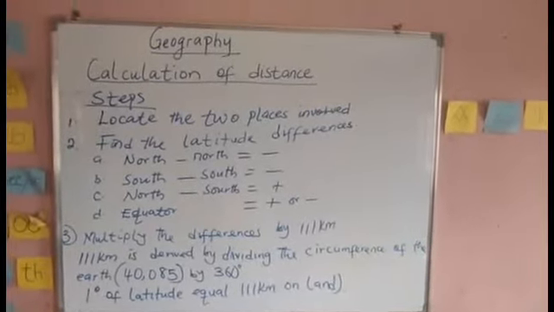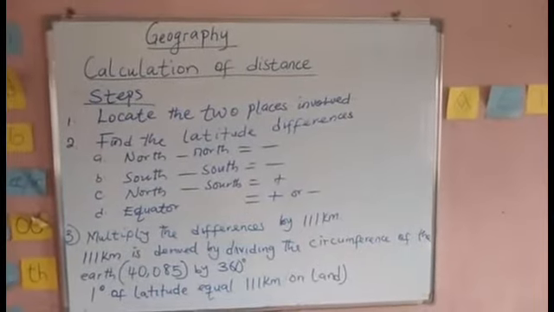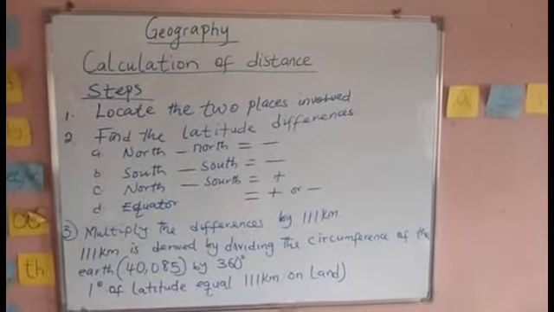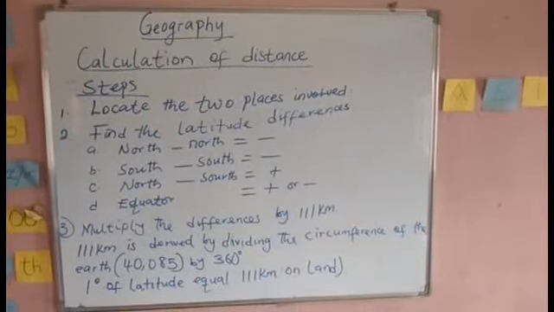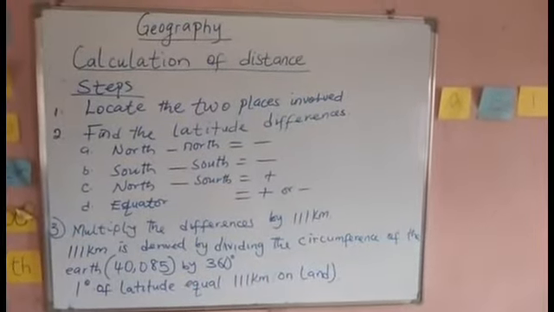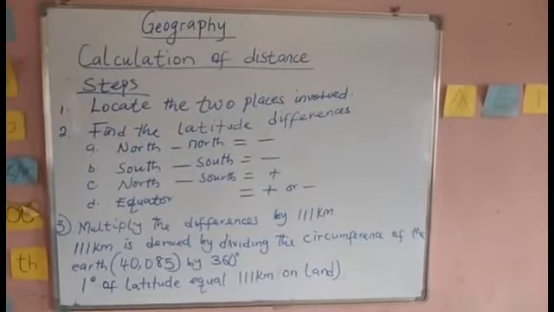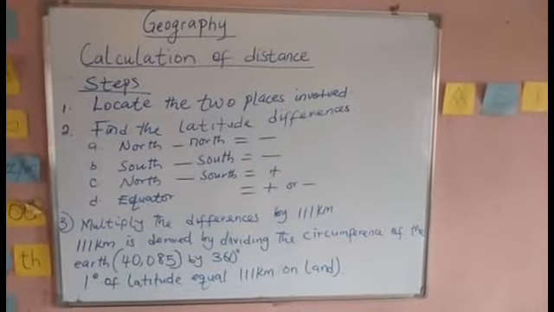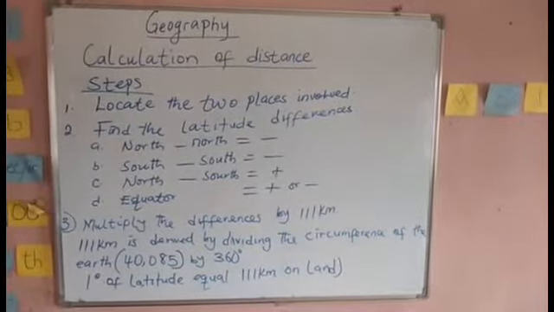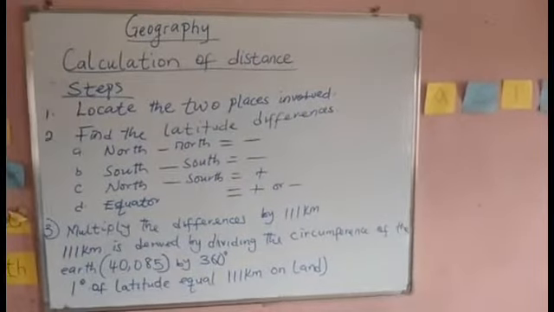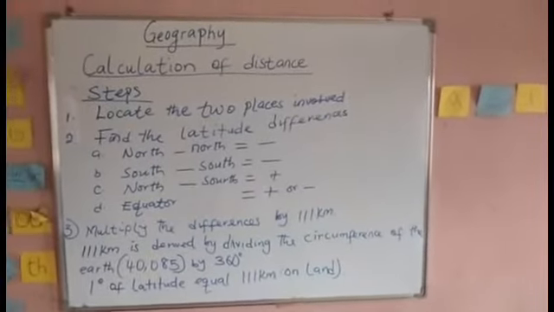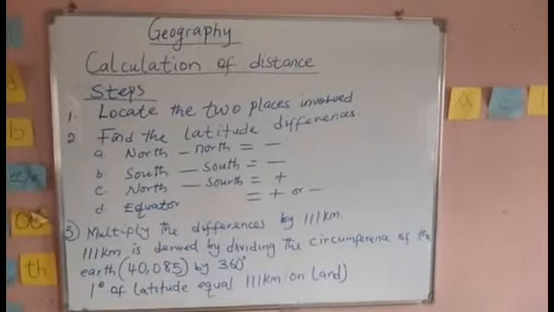Basically we mentioned two important uses of latitude in our last class. We said one of the important uses of the lines of latitude is that, in conjunction with the lines of longitude, they are used in getting the actual position or location of a place on the globe.